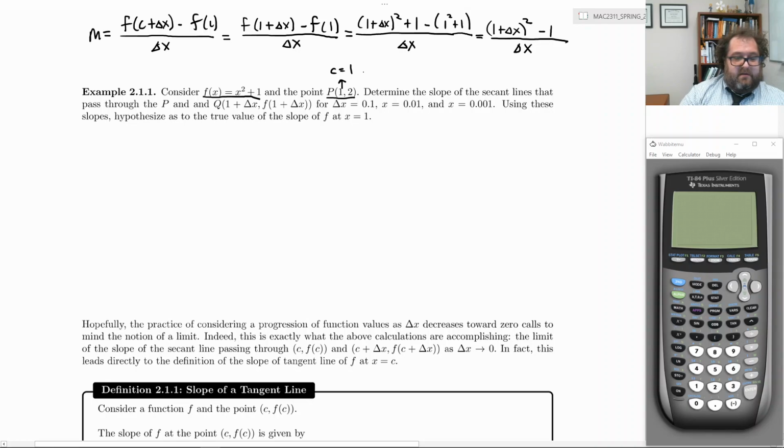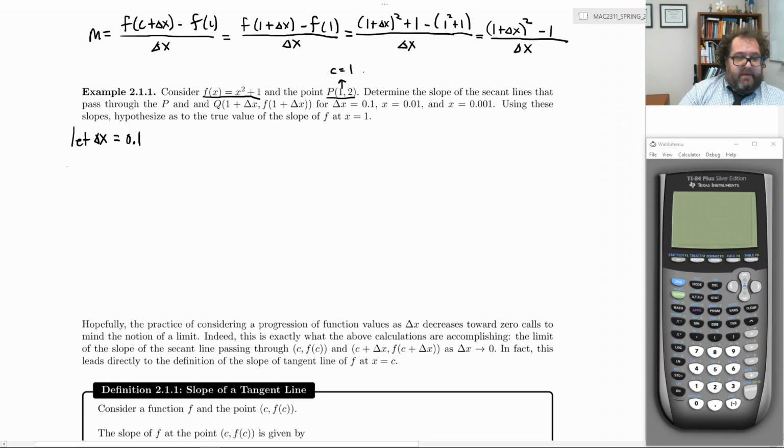Let's just say let delta x equal 0.1. Okay, that gives us the slope of the line through (1, 2) and (1.1, f(1.1)). If you plug in 0.1 for delta x, you get 1 plus 0.1, 1.1, f(1.1).